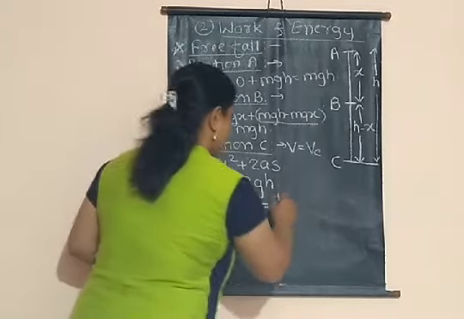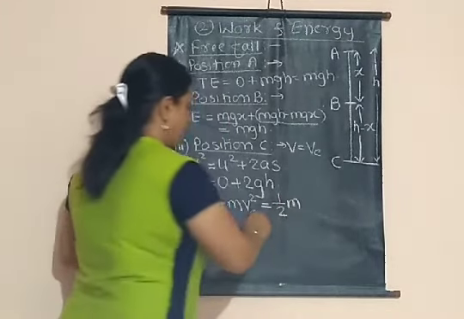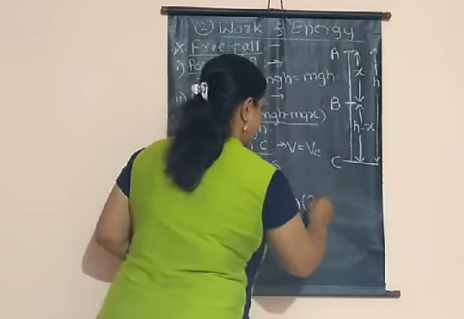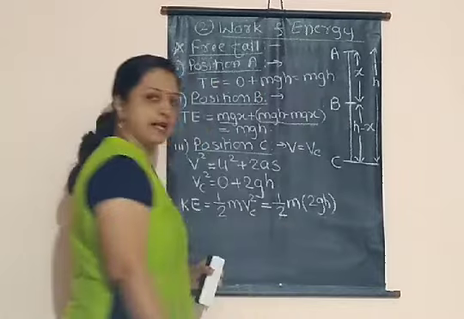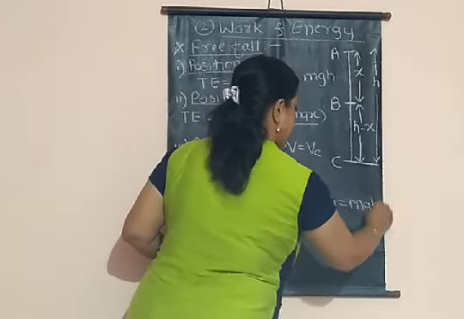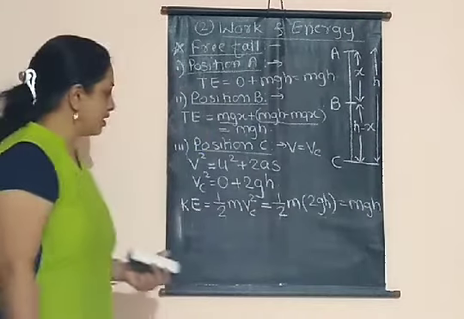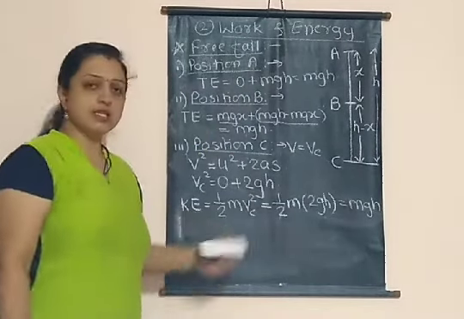So let us substitute: half as it is, then m, and vc square is twice gh. Now these 2 and 2 get cancelled and we get the kinetic energy, that is mgh. Got it? So in this way we will find out the kinetic energy at position C.